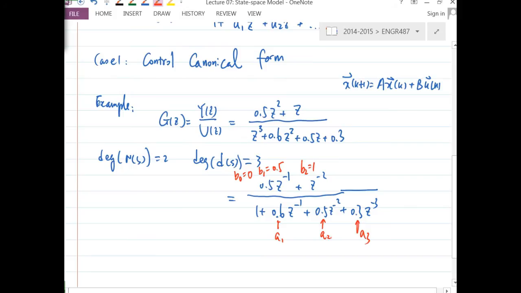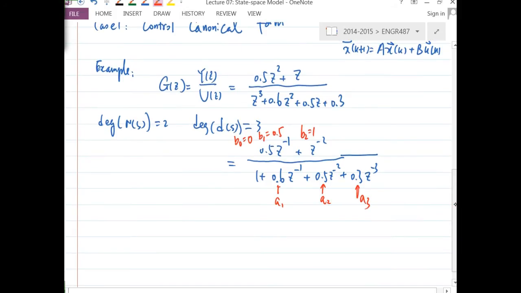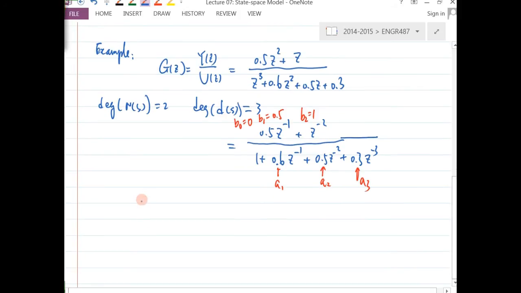Okay. So now let's manipulate this thing here. We're going to try to build a simulation diagram. To build a simulation diagram, here's the next thing we're going to manipulate. I'm going to let this be g of z, equal to y of z over u of z. Right. So we're going to introduce an intermediate function.